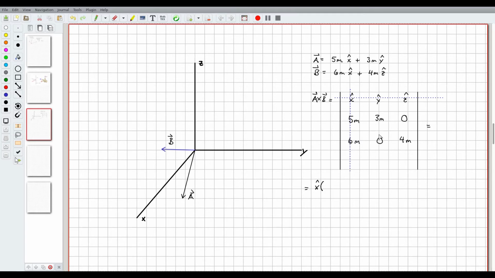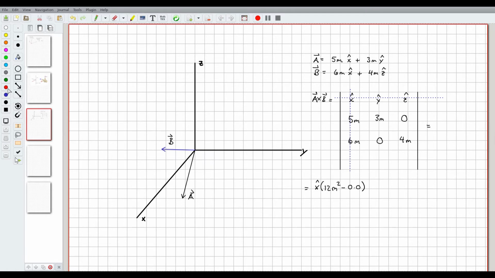Now, the rules are, looking at this square right here, upper left times lower right minus lower left times upper right. 3 meters times 4 meters minus 0 times 0. 3 times 4 is 12 meters squared minus 0 times 0.